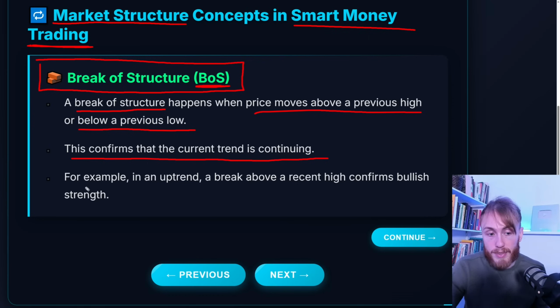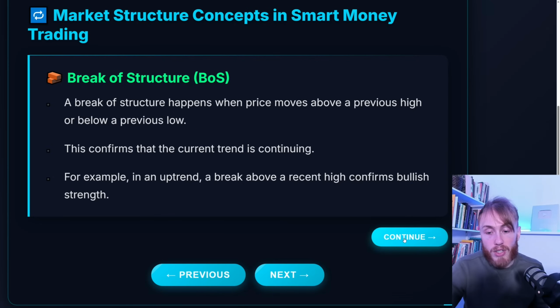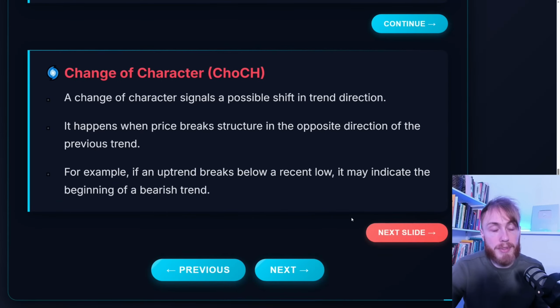So for example, in an uptrend, a break above the recent swing high, don't worry, you will learn about that very soon, confirms the bullish strength. But here we also have another important concept, and that is change of character, or for short, CHOCH.